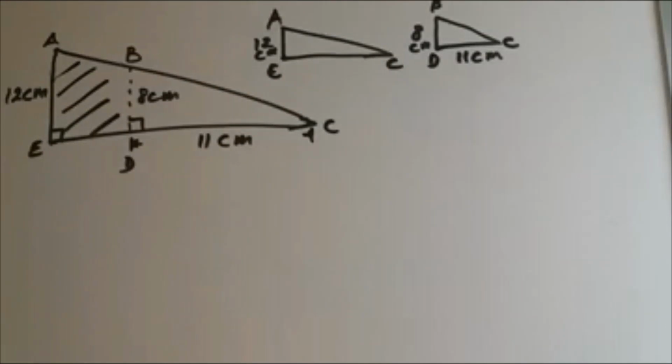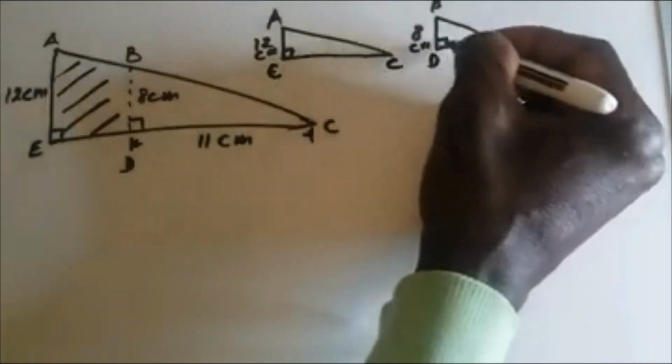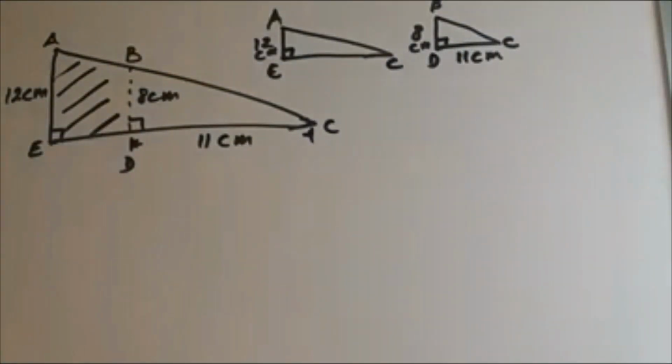Well, this brings to mind that both of these are right angle triangles. So we have a case of similar triangles here. Their angles are proportionate and also their sides.